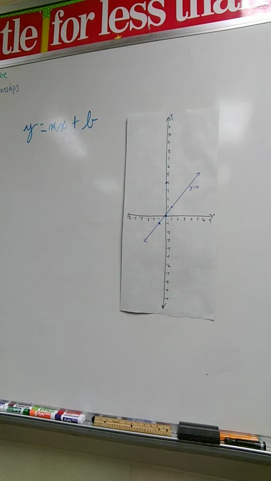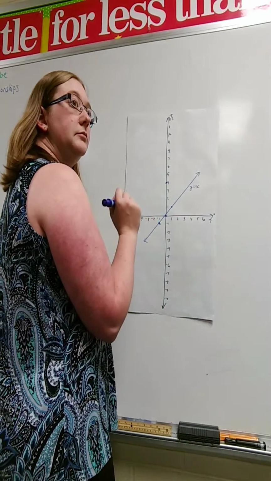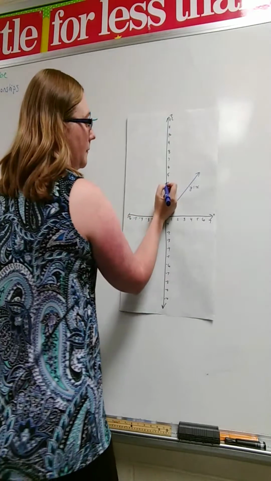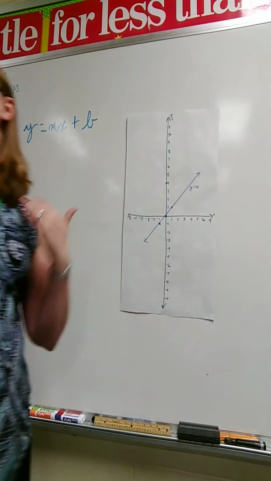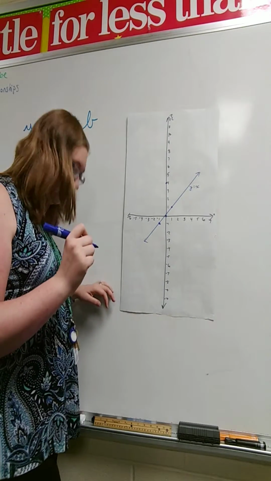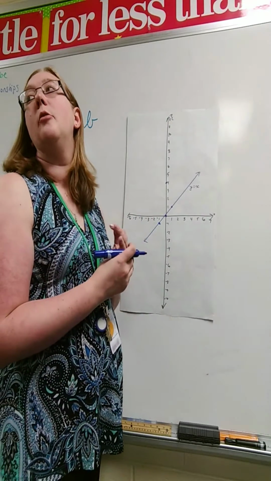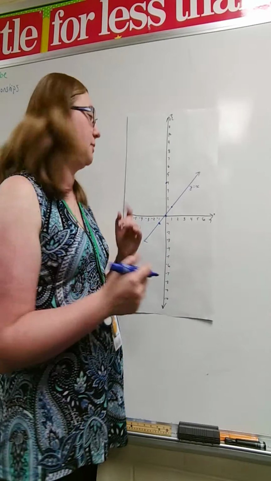Negative 3. So if that's negative 3, what does that tell me to do? Go down. Go down how many? 3. And I go over how many? 1. Because it's negative, I'm moving in a downwards direction. Because it's a whole number, I have a denominator of 1, which says that my run, or the change in my x value, is going to be 1.